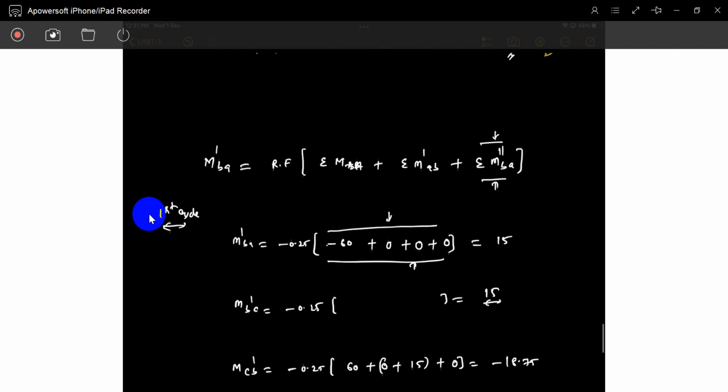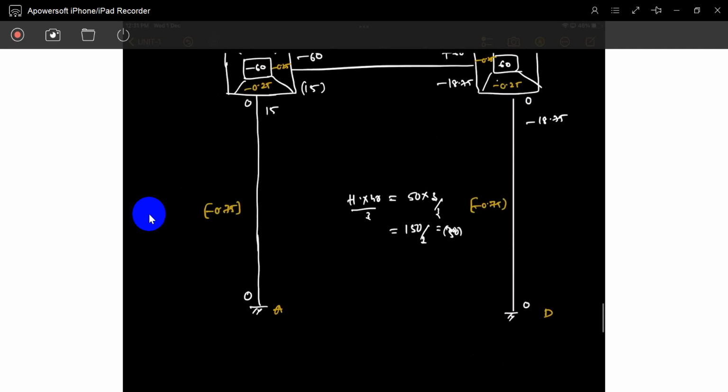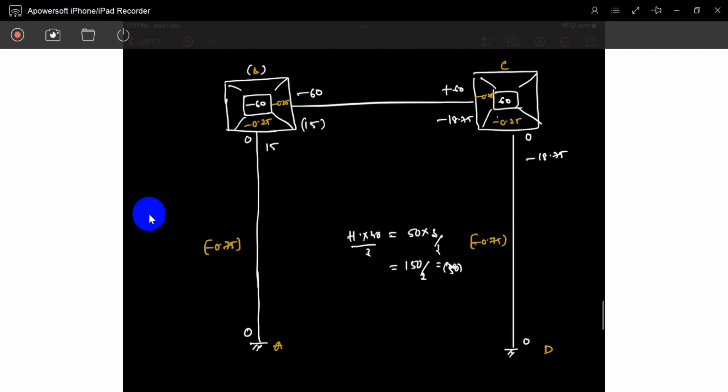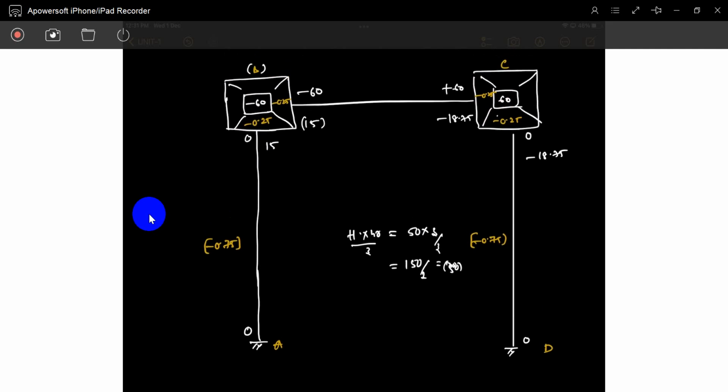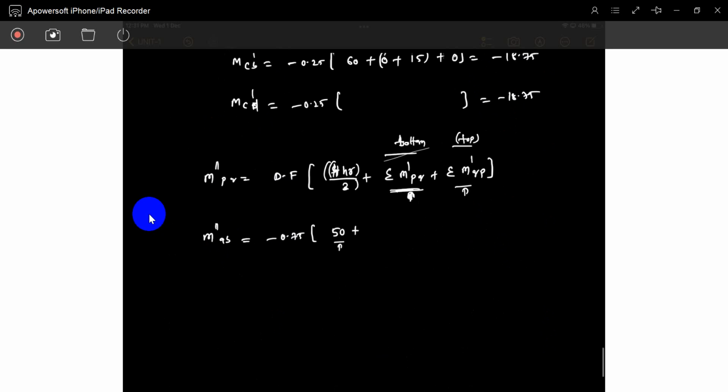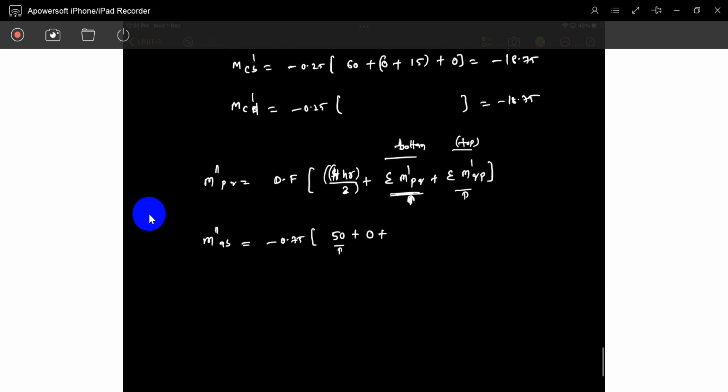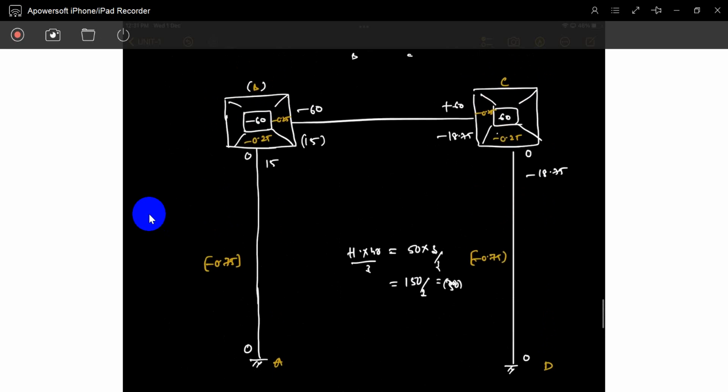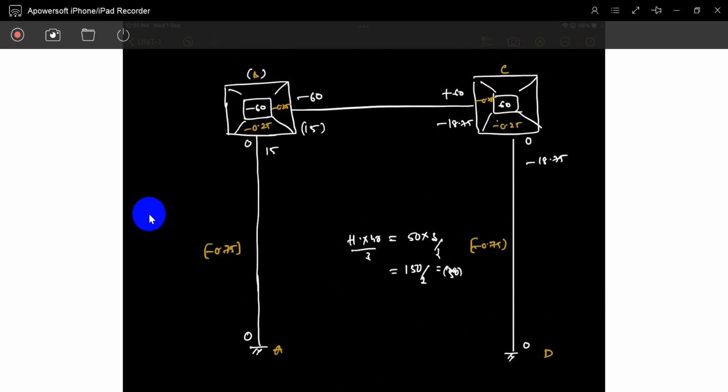For AB, rotational contribution is 0, and from DC is 0. From the bottom, AB is 0, DC is 0. From the top, BA is 15 and CD is 18.75. Not these 15, these 18.75. So both are equal, that's why you may get confused.